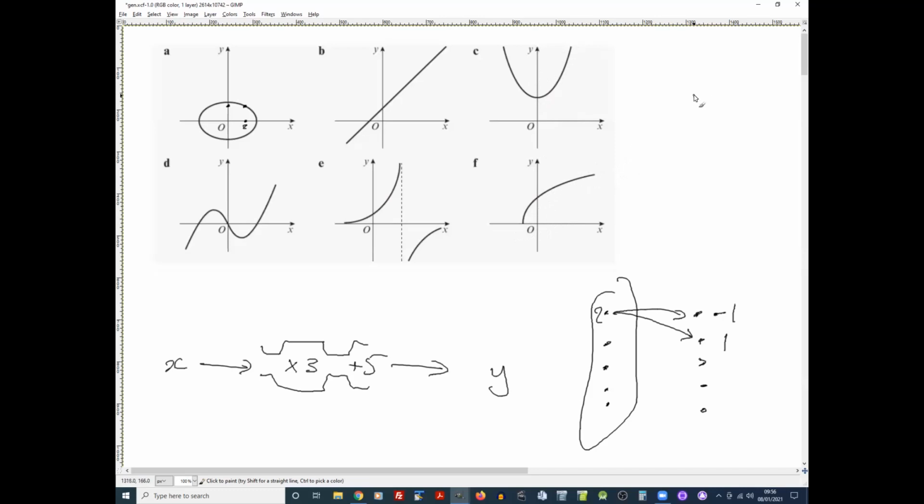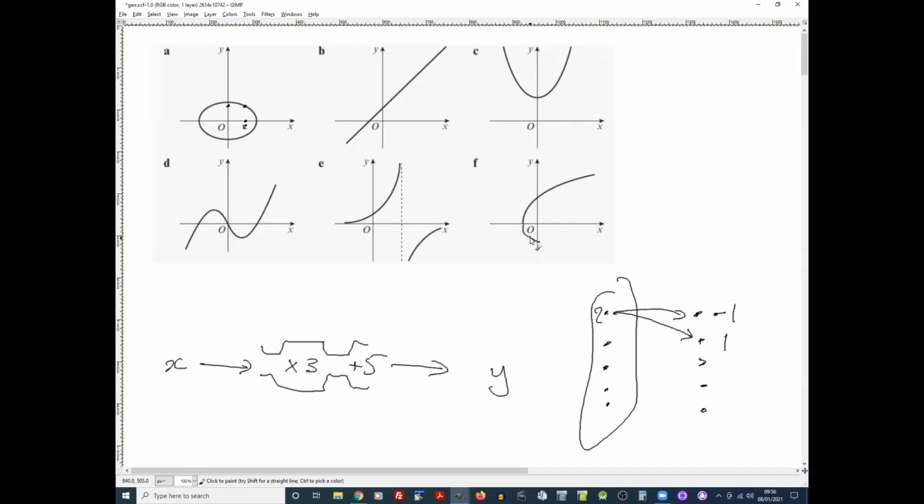Oh, okay, I didn't realise that. I thought it was like a log graph or something like that being translated. Oh, yeah, could it be a log? It could equally well be a log having been translated. You're quite right. But to me, it looks a bit more like a parabola that's been rotated.